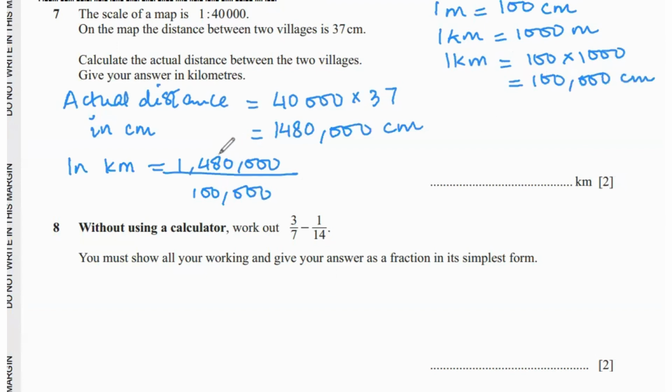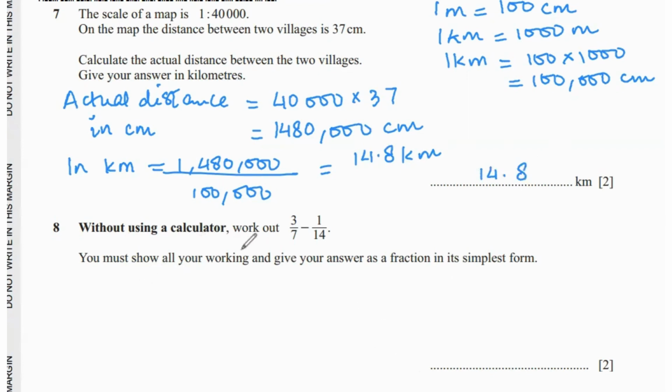So now since we're going from centimeters to kilometers, we're going to divide the distance by 100,000 instead of multiplying. And that is going to give us 14.8 kilometers. That is your final answer.